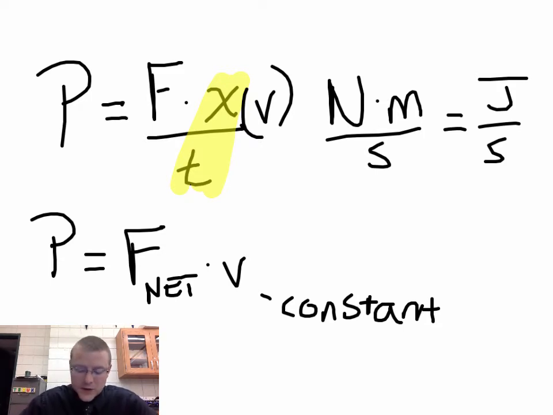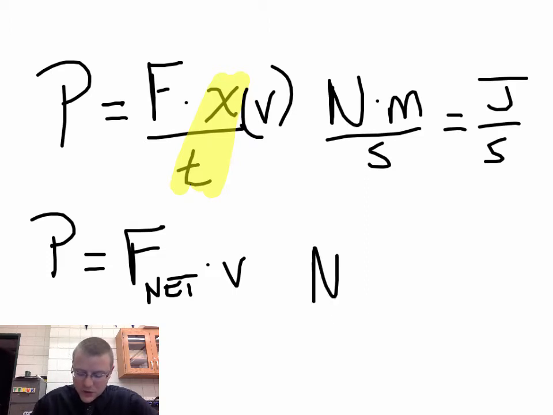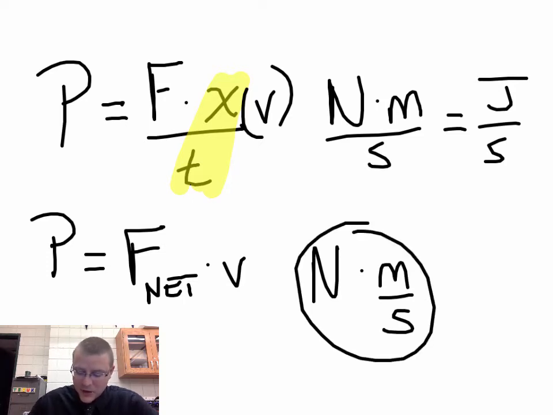So if I look at the units there for force times velocity, well, force we measure in newtons, velocity is in meters per second, and that looks identical to what we have right up here, so we still get a watt. So you can do force times velocity, or you can do force times distance all over time. And that's how we measure power in watts.